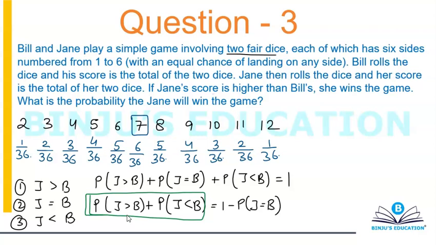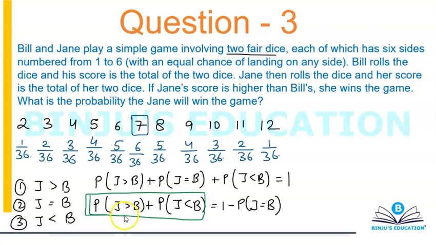If Bill gets 2, then Jane has a chance of getting 3, 4, 5, 6, 7, 8, 9, 10, 11, 12. If Bill gets 3, then Jane can get any number from 4 to 12. But if Jane gets 3, then Bill also has a chance of getting any number from 4 to 12. So both of them are basically countering each other, right? They both will have equal probabilities of losing or winning from each other.